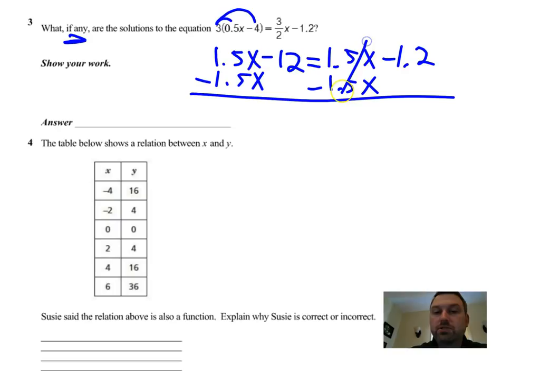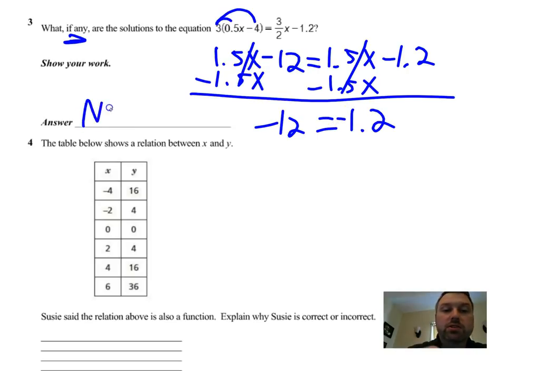Those cancel. Some of you are crossing off the x's and you're still putting an x down. If the x's cancel, they cancel. There's no x left. The only thing you can do is bring down this negative 12 and this 1.2. Does negative 12 equal negative 1.2? No, it doesn't. So in this case, there is no solution.